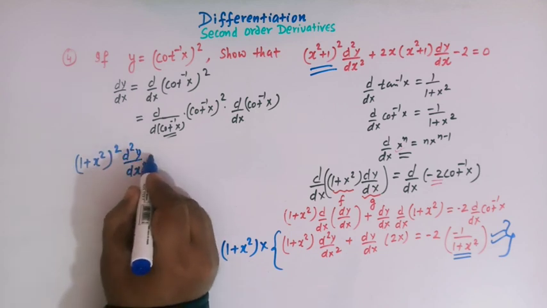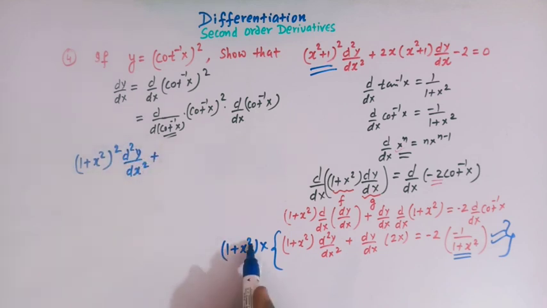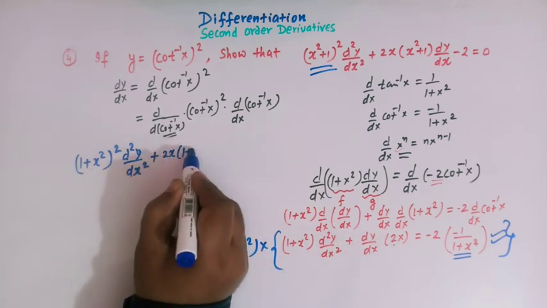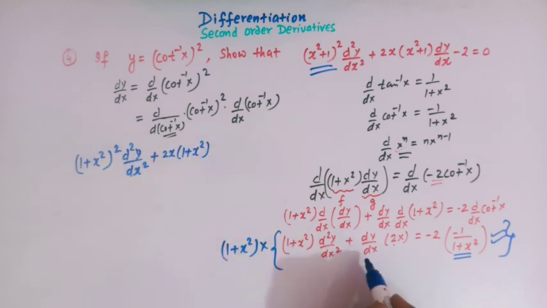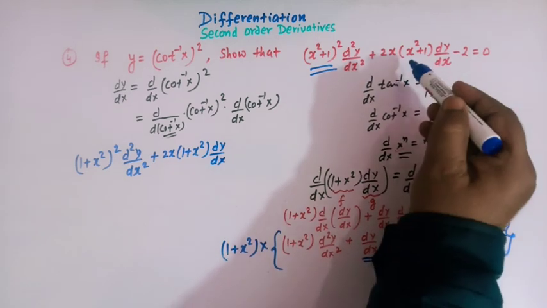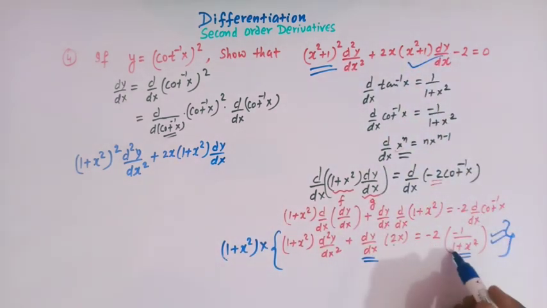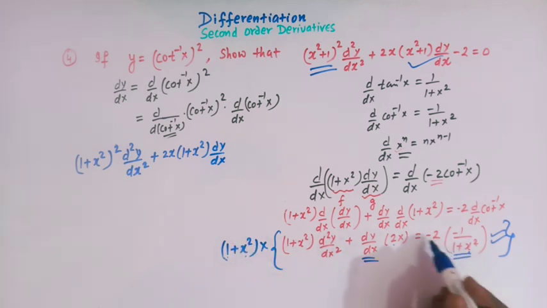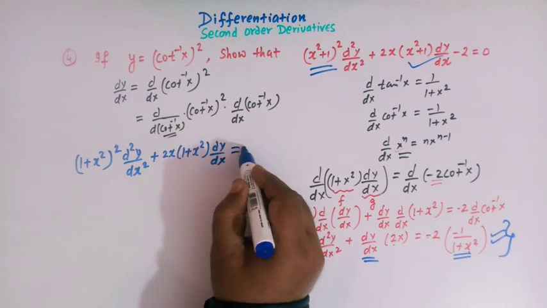Then we have 1 plus x square times 2x, which is 2x times 1 plus x square, multiplied by the first derivative. On the right, 1 plus x square and 1 plus x square get cancelled, and minus 2 times minus 1 is plus 2.